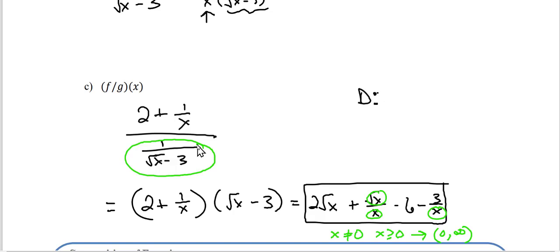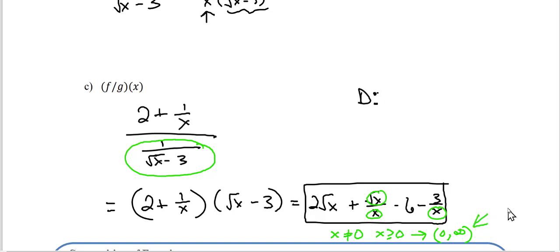And so we can't include any values that were originally excluded in the function. You might have to exclude some values that were originally included, but you can't include anything that didn't work in the original functions. So that means we still can't include the 9.